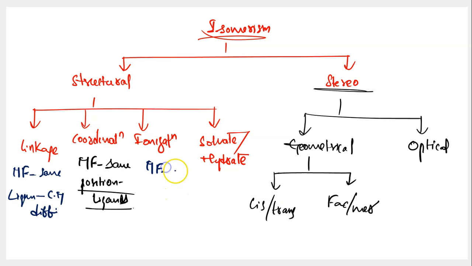Here also the molecular formula of the isomers is the same, but the ions that are produced after putting it into water are different. In solvate isomerism, the molecular formula of the isomers is the same, but the number of water molecules, or their position within the square brackets of the complex and outside the square brackets, is different.